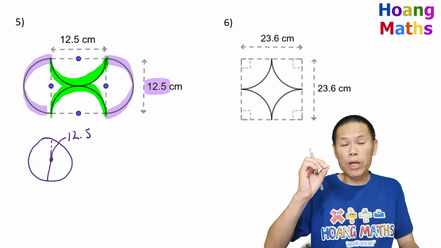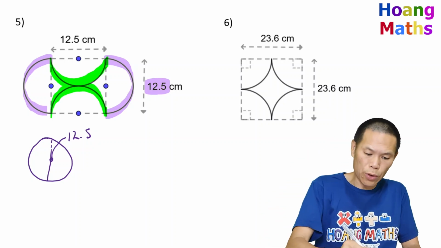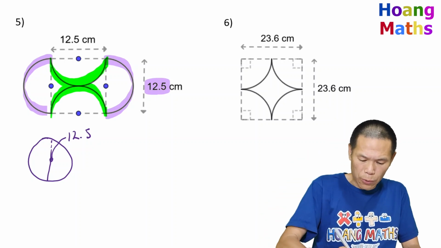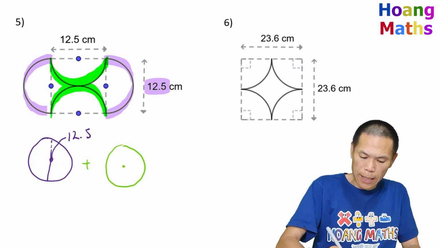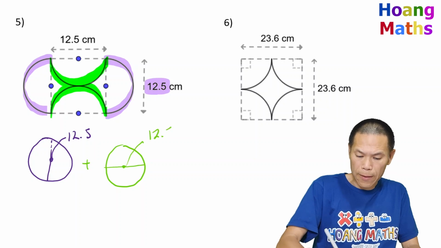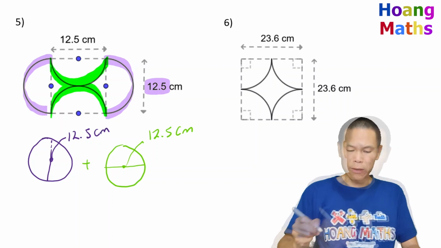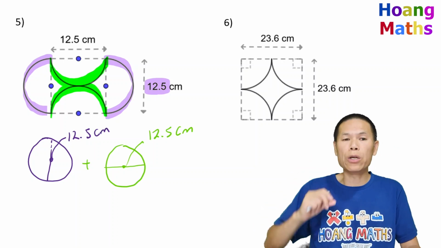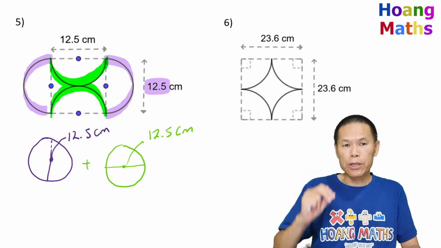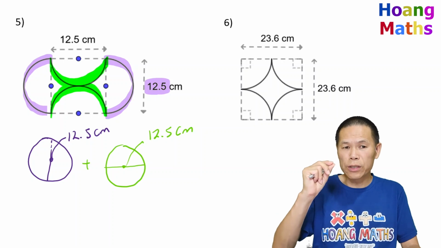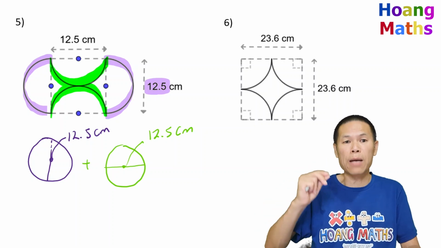So combined will give me a circle as well. So let me just draw it out. So we add another circle, circumference of this, okay? And the diameter is 12.5 centimeters. So this means that we have two circles and both are the same. So we just need to work out circumference of one circle and we times 2.